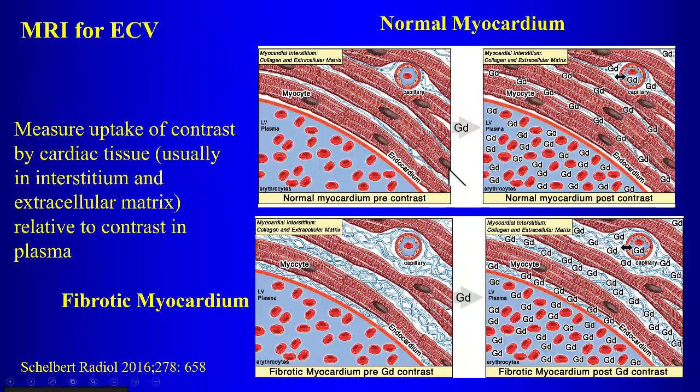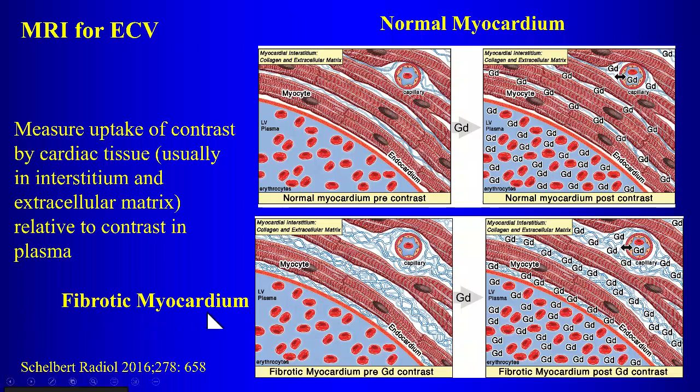So we do this also with gadolinium. What happens with the normal myocardium is that after we give gadolinium, we'll have some gadolinium out there in the extracellular space. And then, of course, you're going to have gadolinium in the blood pool also.